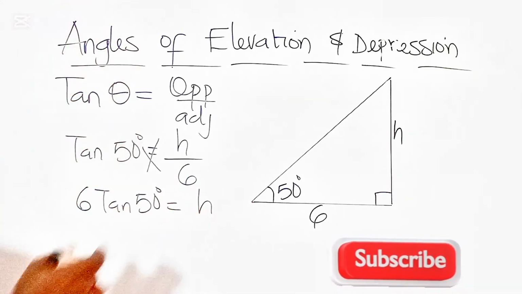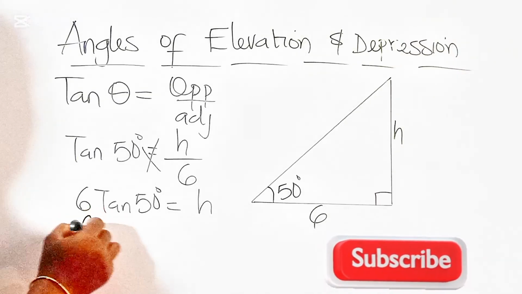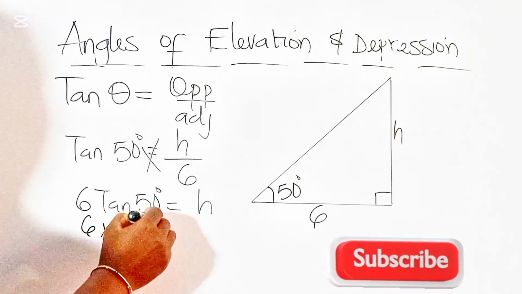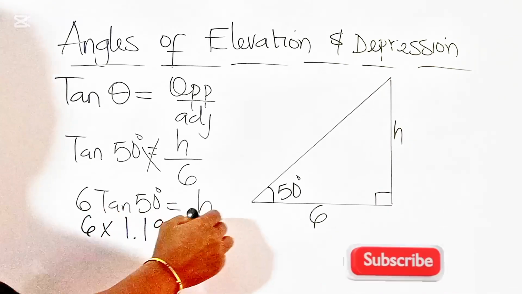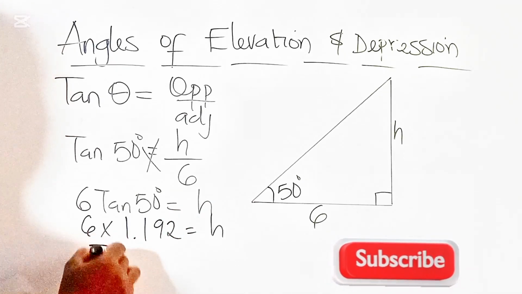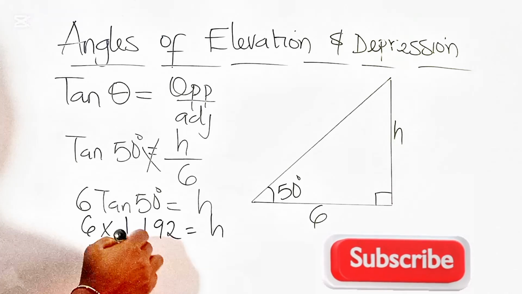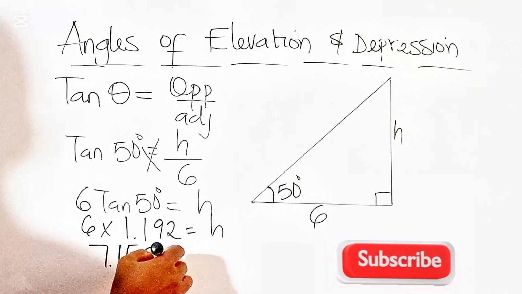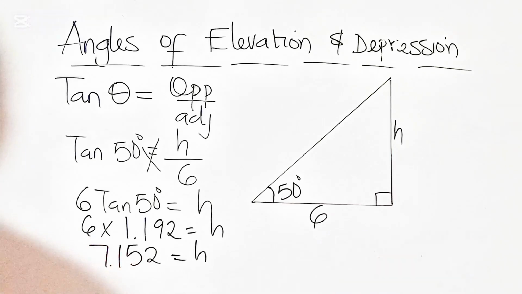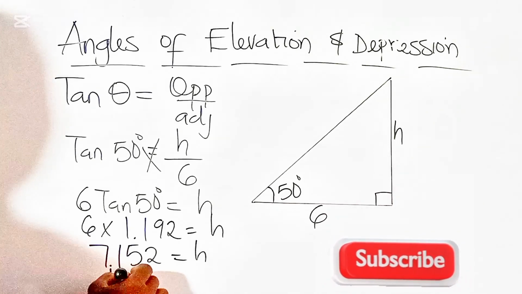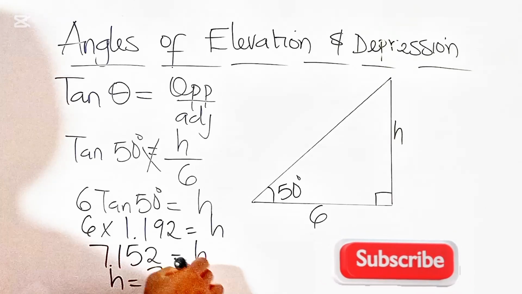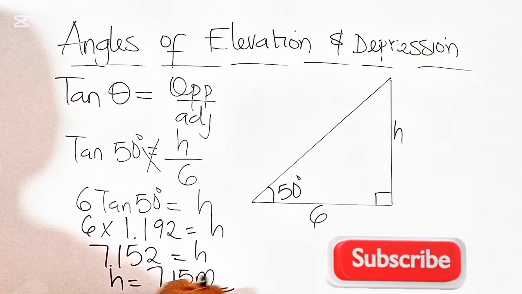Let's find tan 50 under our table of values. 6 multiplying 1.192 is equal to the height. Let's multiply. We have 7.152 as the height. Correct to 2 decimal places, the height of the mast is equal to 7.15 meters as the answer.